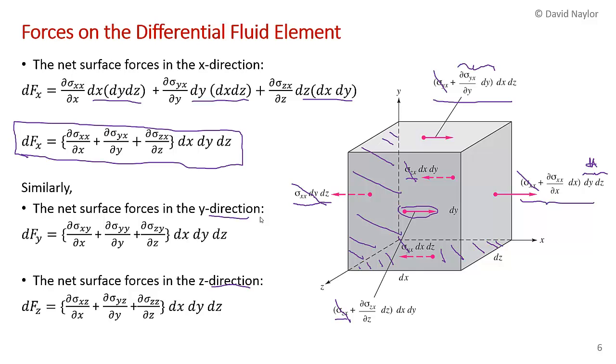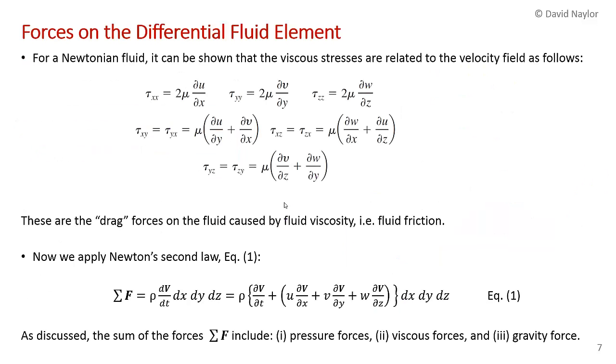Now these stresses, it turns out, are related to the velocity field. And for a Newtonian fluid, the relationship between the fluid stress and the velocity gradient is given by these equations. It's beyond the scope of this course for me to go into details on that. That's more of a graduate level topic.